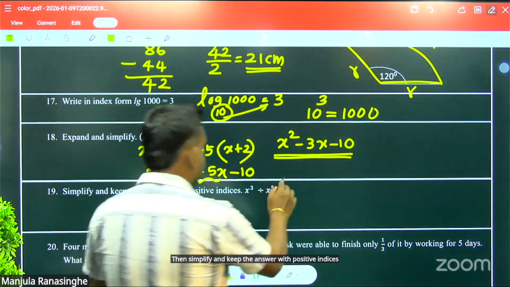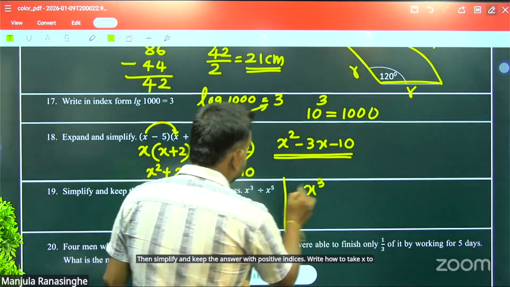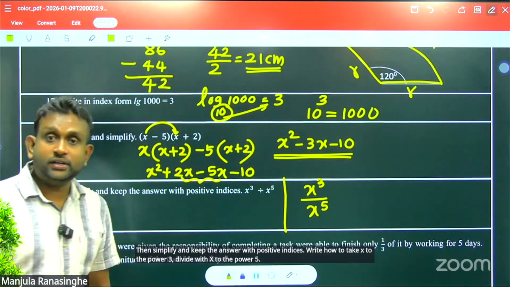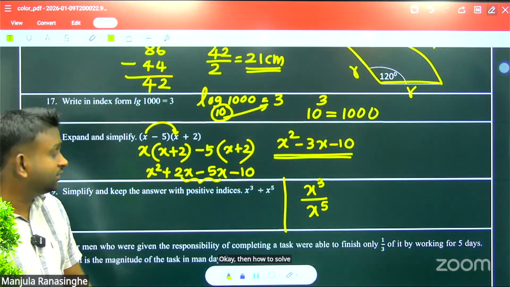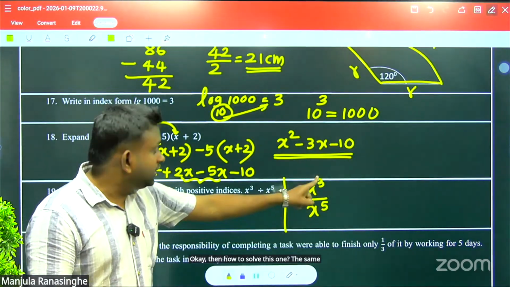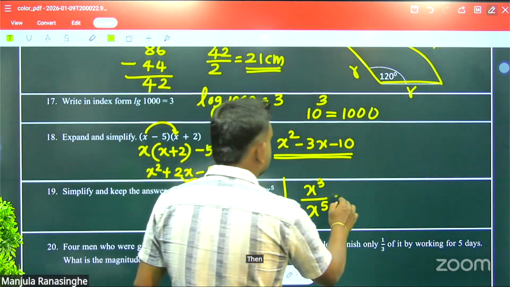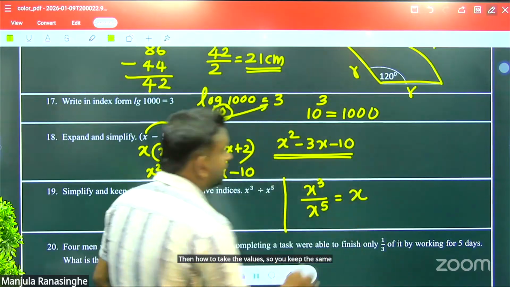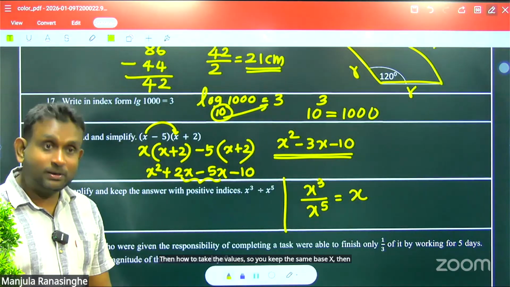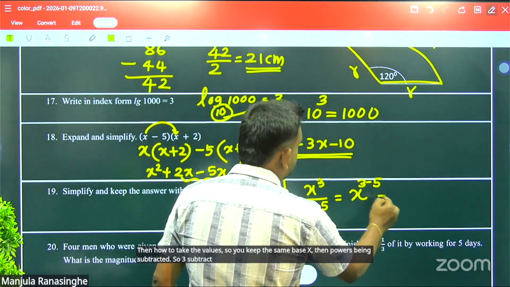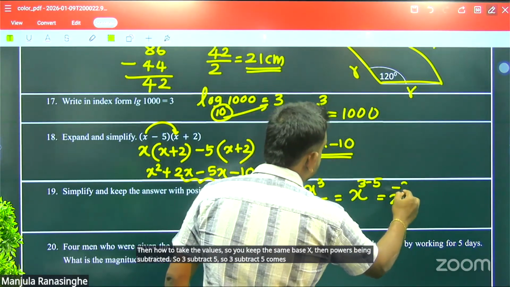How to take x to the power 3 divided by x to the power 5? Okay, then how to solve this one? It is the same base division. You keep the same base x, then the powers are subtracted. So 3 minus 5 comes as negative 2.